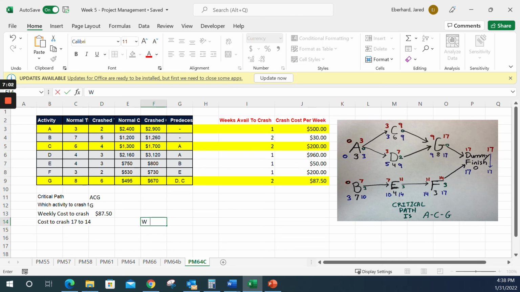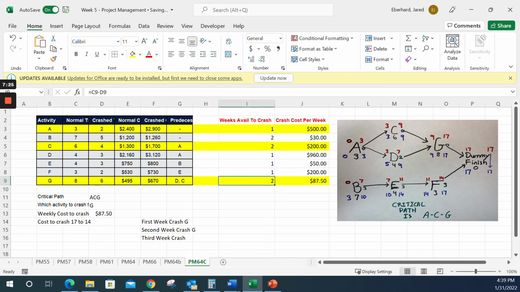So my first week of crash. Let's crash activity G because that's my cheapest one. To get my second week of crash, let's crash G again. My third week, I can't crash G anymore because if you look up here, I only have 2 weeks available to crash.